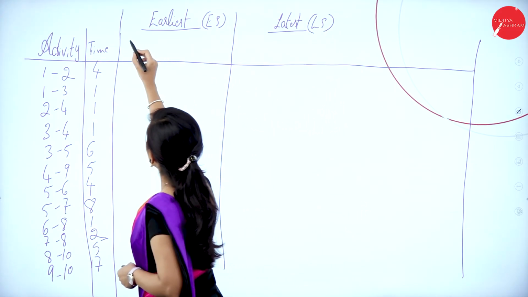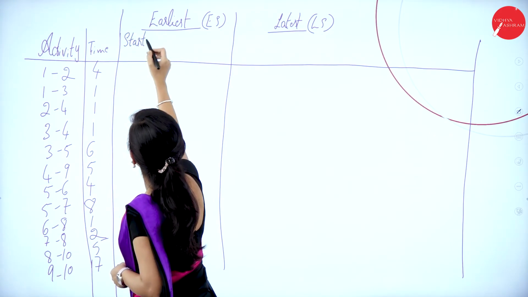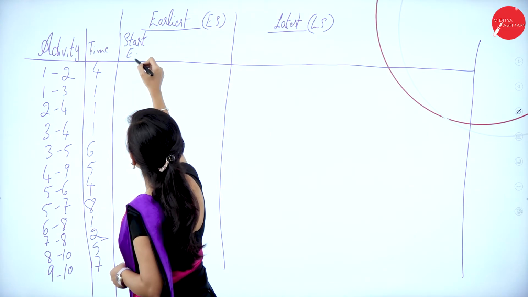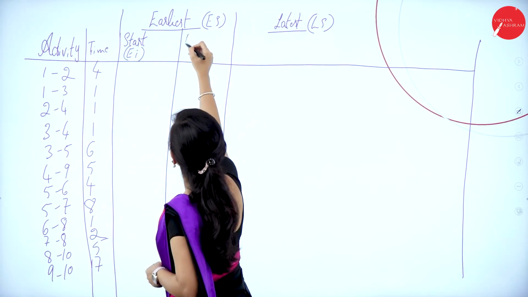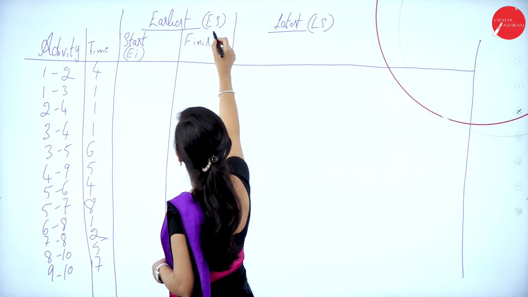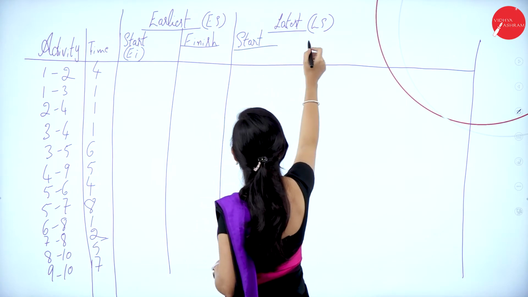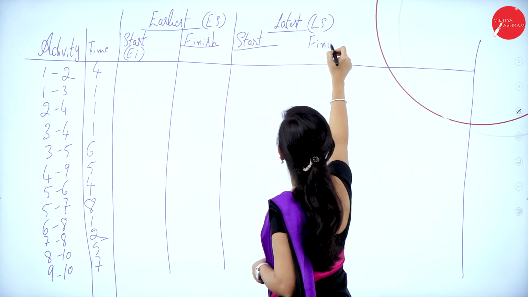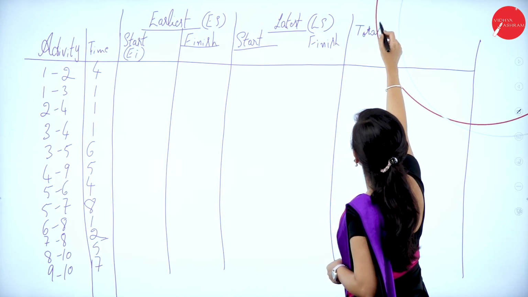For earliest, I'll find the starting time, that is EI, and for finish time, again start and finish, and next is total float.